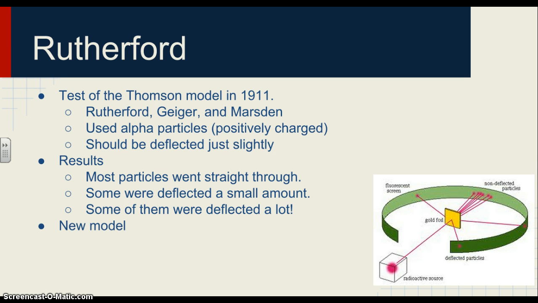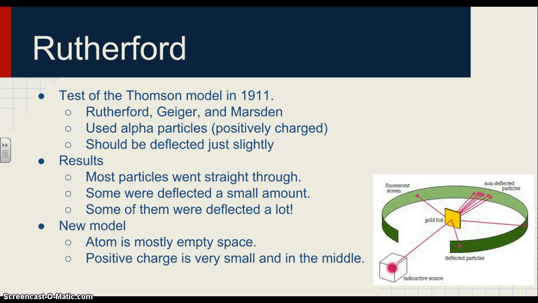What this had to mean was that in the new model, there couldn't just be a spread out positive charge like Thomson thought. That positive charge had to be concentrated, very, very concentrated, and that positive charge had to be in the center. So what this new model, what we call the Rutherford model, said was that the atom is mostly empty space.